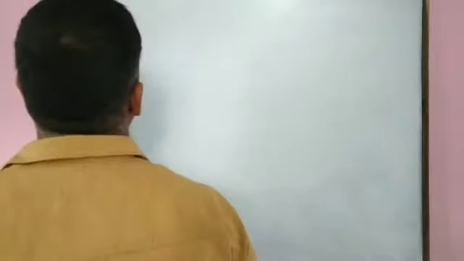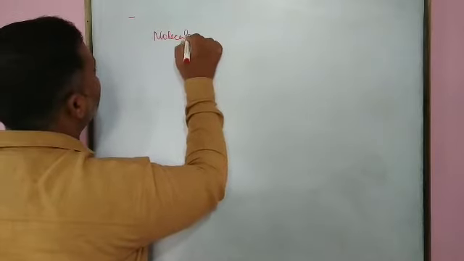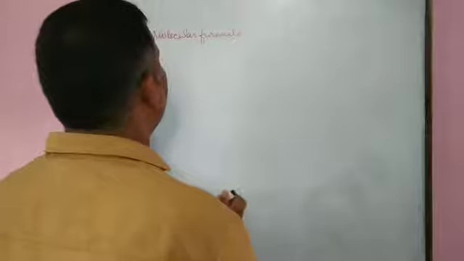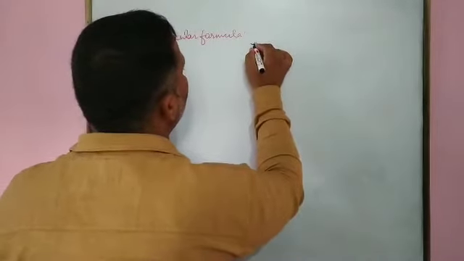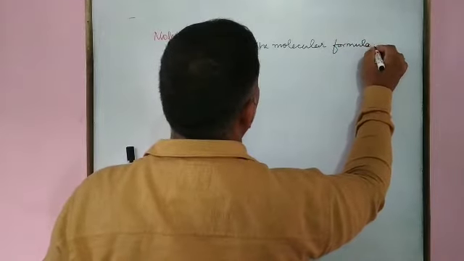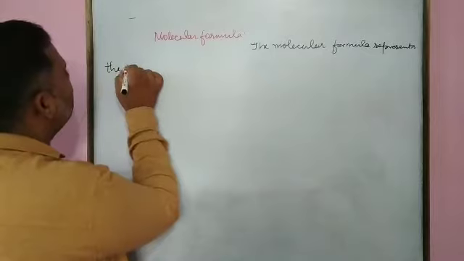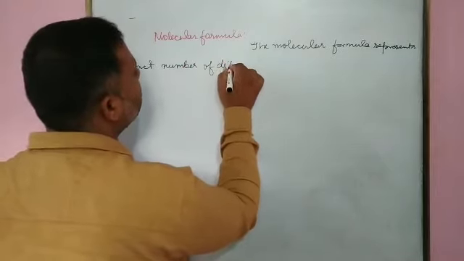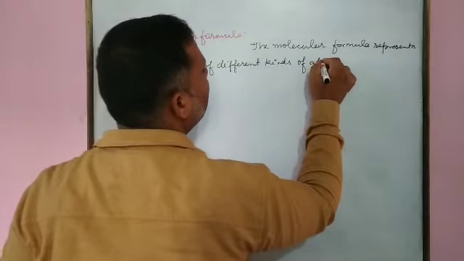What we have: the molecular formula. The molecular formula represents the exact number of different kinds of atom in a molecule.